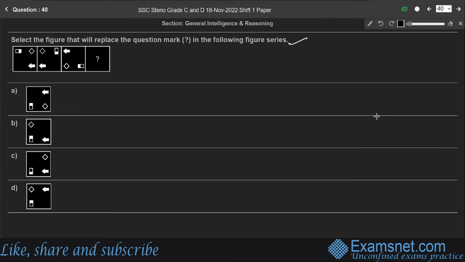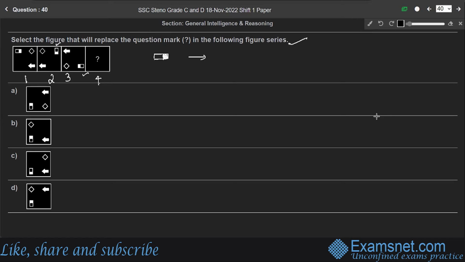Question number 40. Select the figure that will replace the question mark in the following figure series. The given series has 3 figures. We need to find the fourth one. In the first figure, we have a rectangular portion which is half shaded. In the second figure, its position is changed clockwise. In the third figure also, its position is changed.